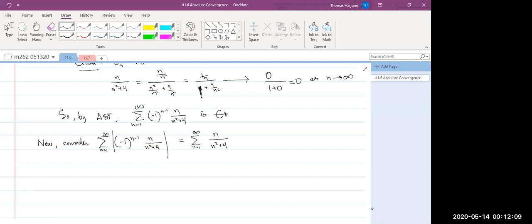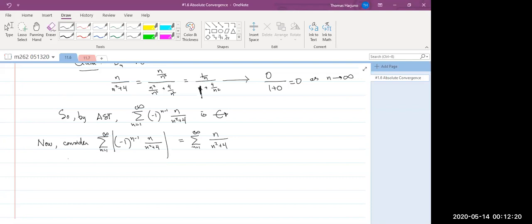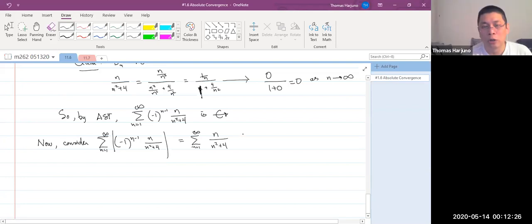Use the comparison test. Okay, how do you use comparison test? You could say it's less than or equal to n over n squared. Hold on, I need to use red color because that's not true.